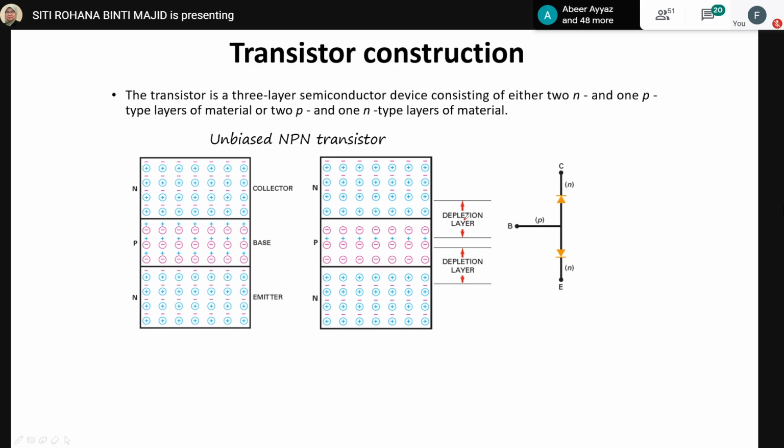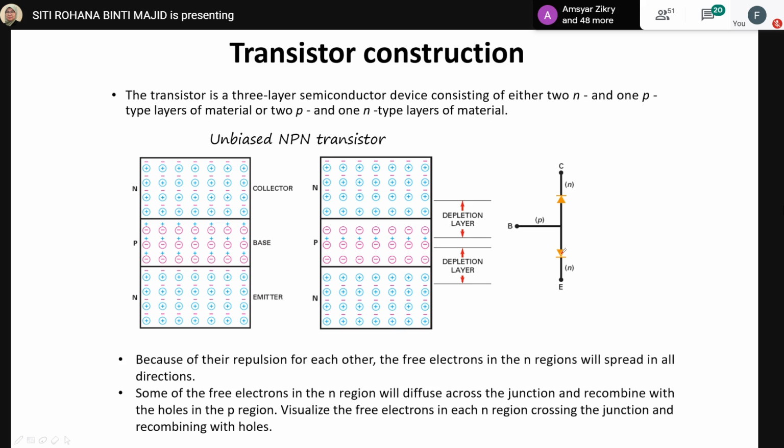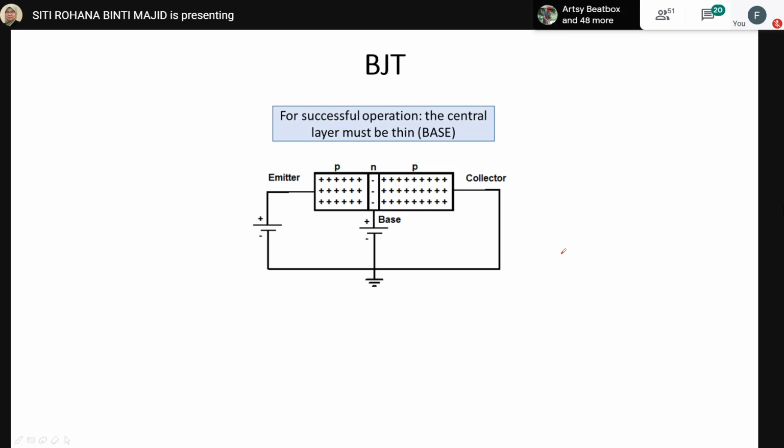The symbol of the transistor we can write like this: we have NPN, and then C, B, and E, which is the arrangement of the junction transformed into the symbol. I think you know the behavior of the free electrons and holes without any enforcement from the current.